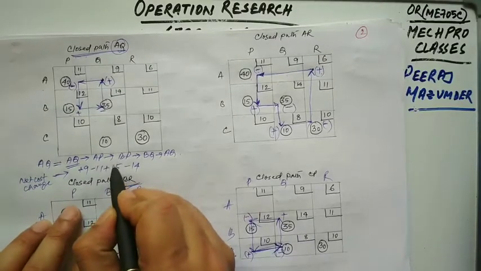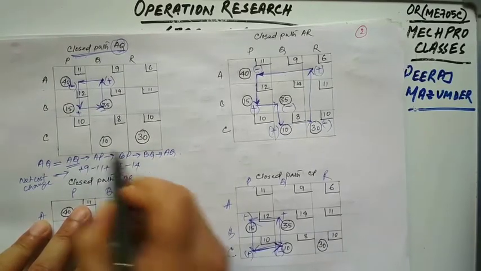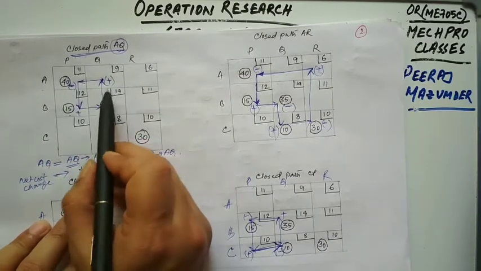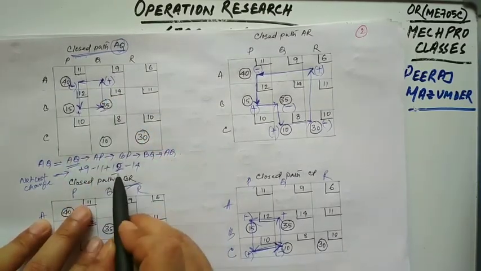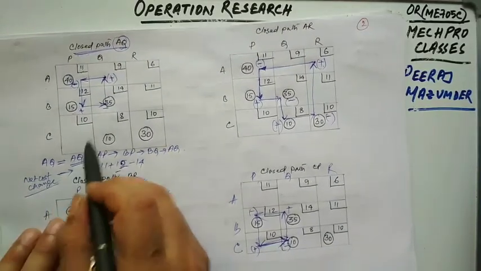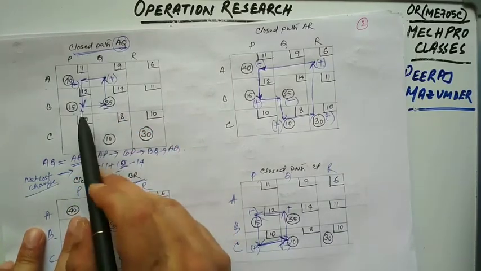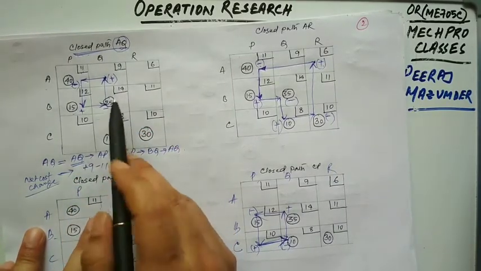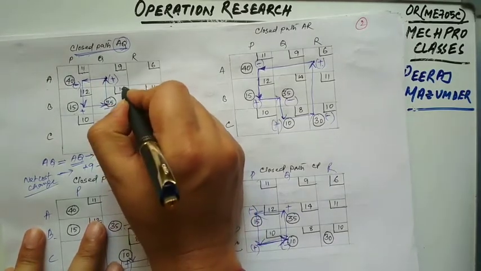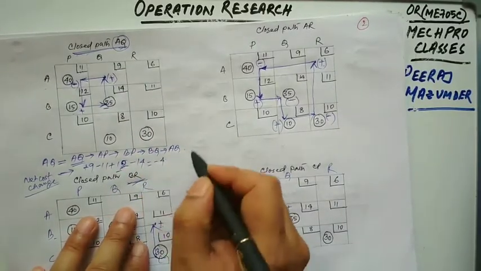I think this will be 12, not 15, because 15 is the allocated and these are the unit costs. So we have to keep in mind that we have to write the unit costs only in calculating net cost change. So that will be plus 9, minus 11, plus 12, and minus 14. So this will give you around minus 4, I think. So minus 4.